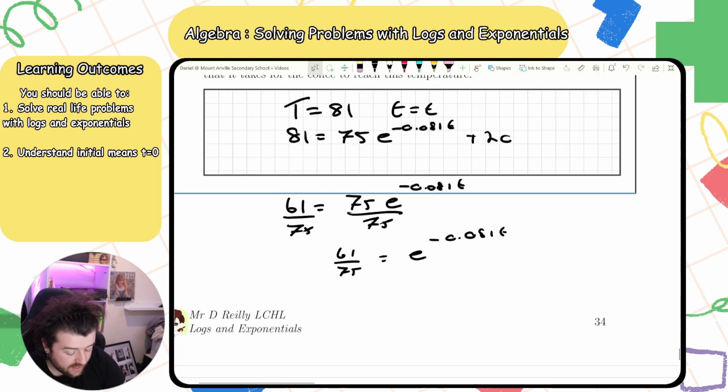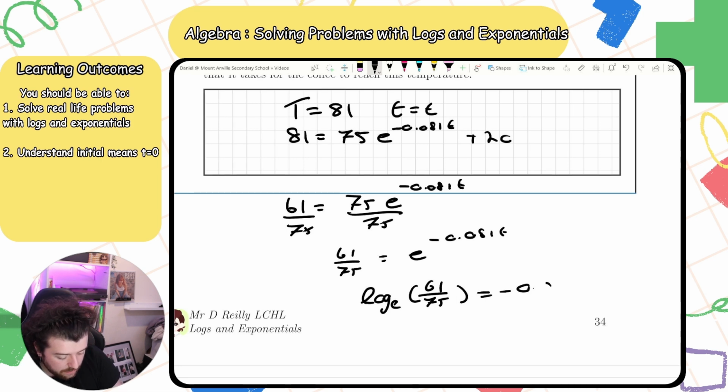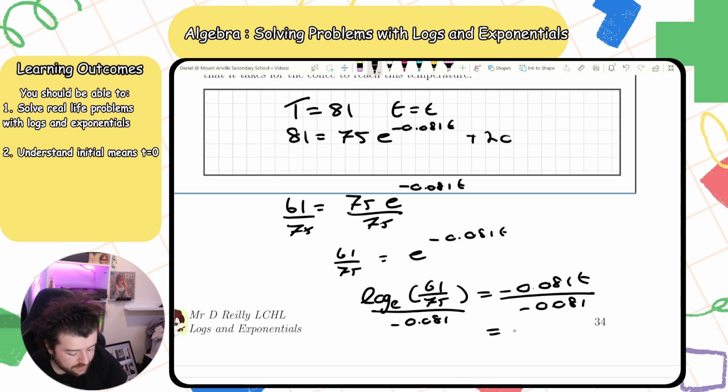I can get the log of both sides, or just convert it to log form. So log base e of 61 over 75 equals minus 0.081 t. Divide both sides by minus 0.081. That gives me t.